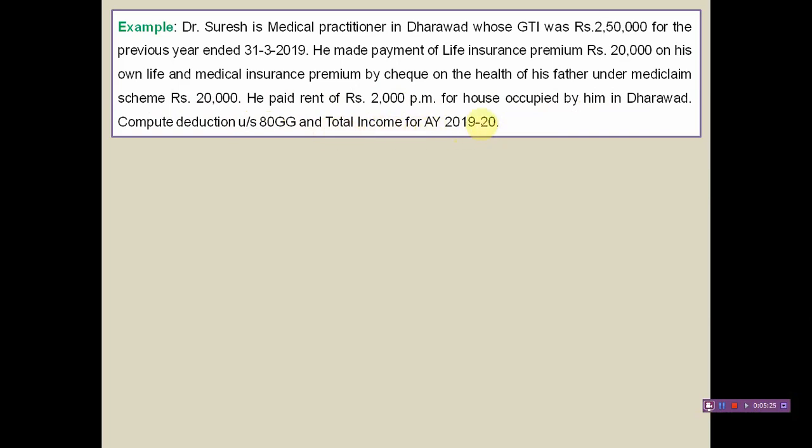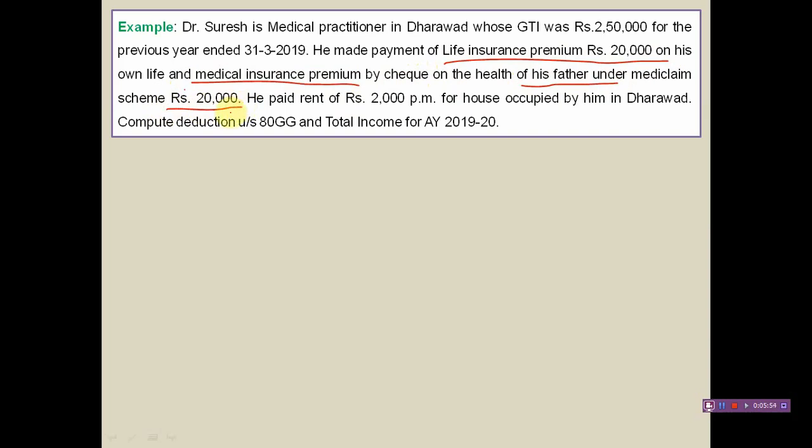In the problem they have given the gross total income which was rupees 2,50,000, and here Dr. Suresh has paid life insurance premium of rupees 20,000. It is allowed or qualifies for deduction under section 80C, and he has paid the medical insurance premium on the health of his father of rupees 20,000.